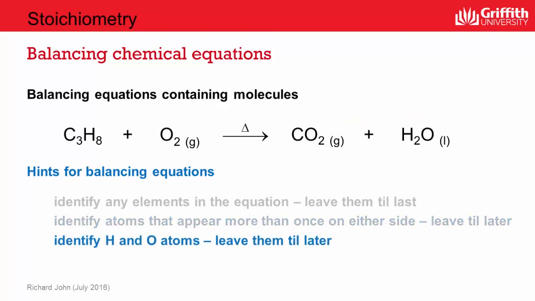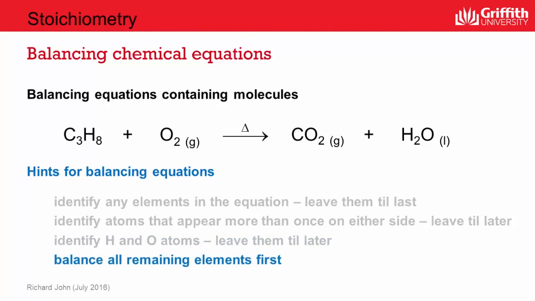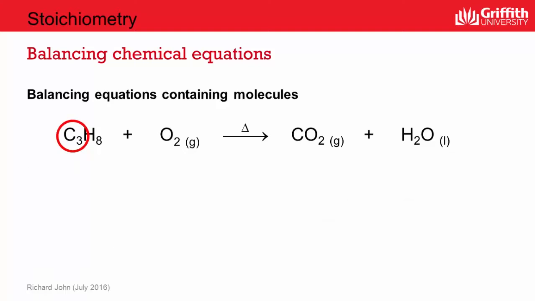Identify hydrogen and oxygen atoms, and we're going to leave them till later in the process as well, particularly if water is in the chemical equation, because it's easy to balance hydrogen and oxygen atoms by adding some water molecules in that balancing process. And then all remaining elements we're then going to balance first. So in this particular case, that means we're going to be balancing the carbons first.